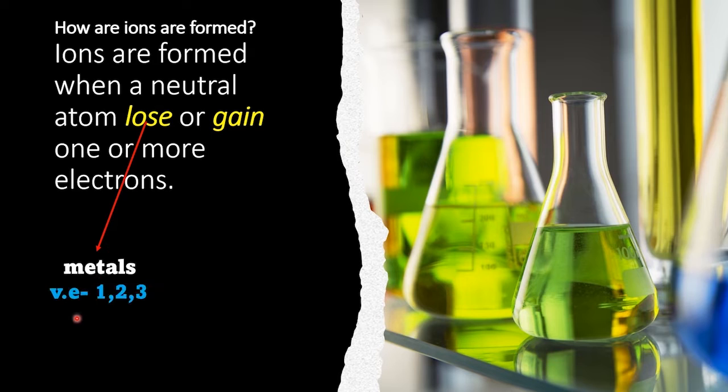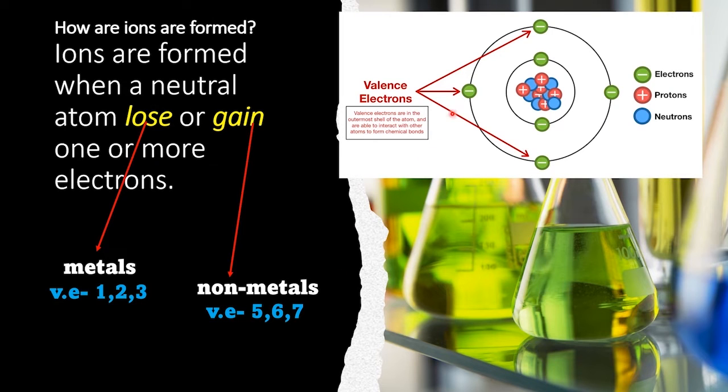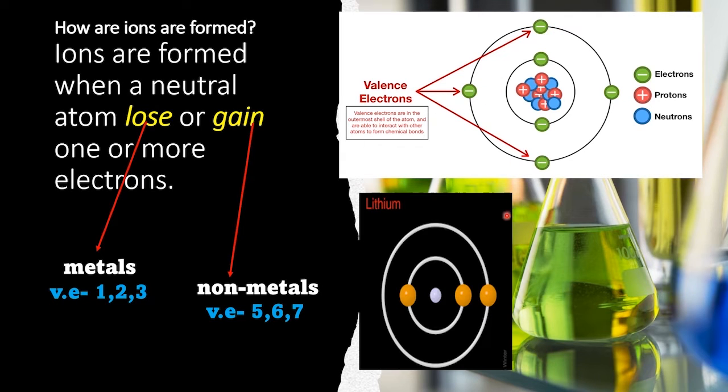It will lose electrons if the valence electrons are either 1, 2, or 3. They are all metals except for hydrogen. It will gain electrons if the valence electrons are either 5, 6, or 7. They are all non-metals. Valence electrons are the electrons found in the outermost shell.